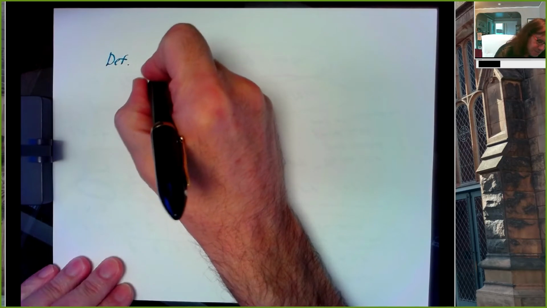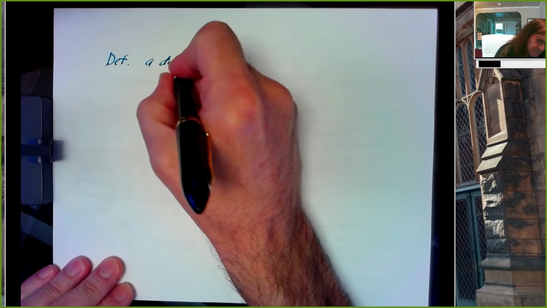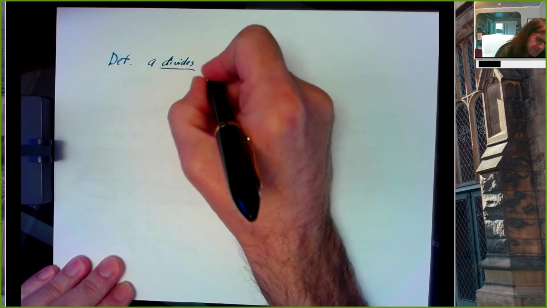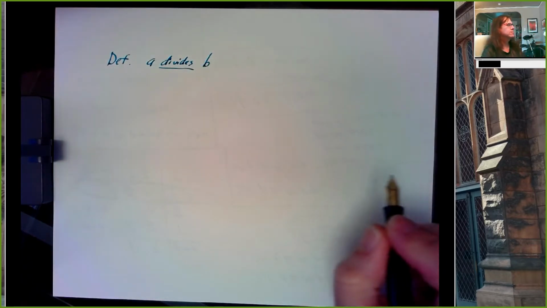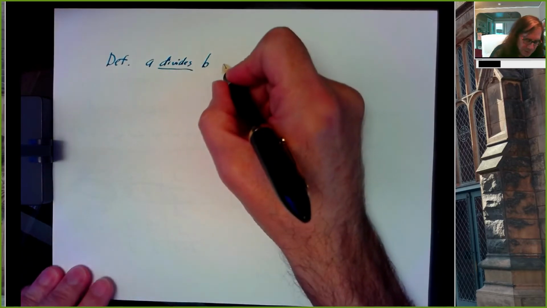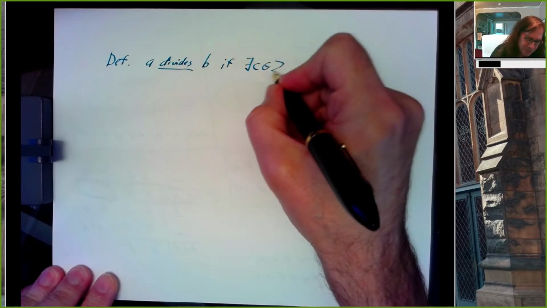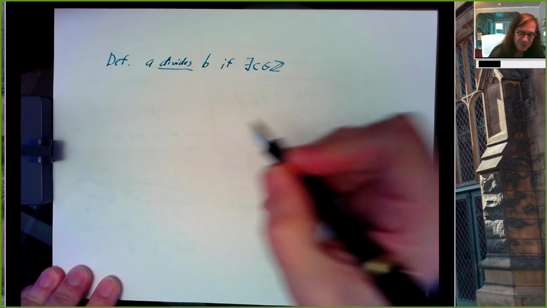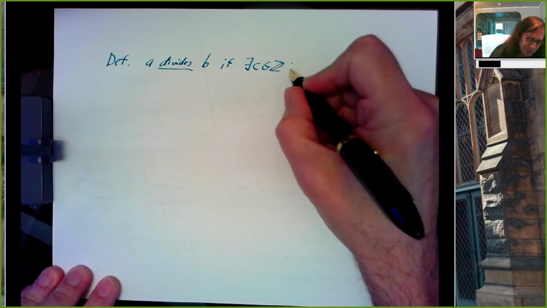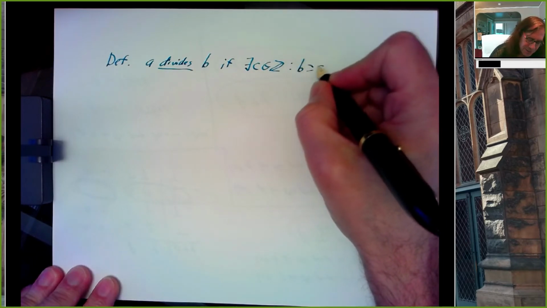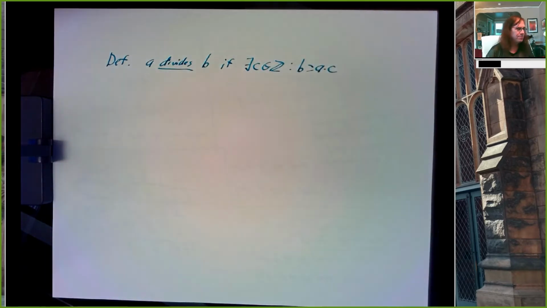A divides B if there exists an integer C such that B equals A times C. I will say integer here because that's really important.